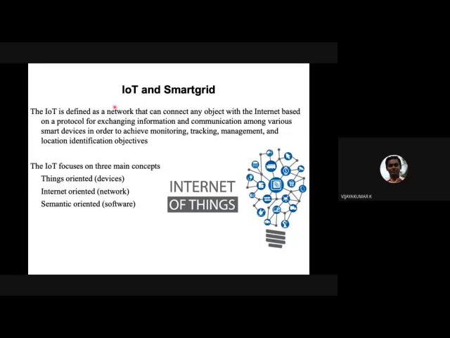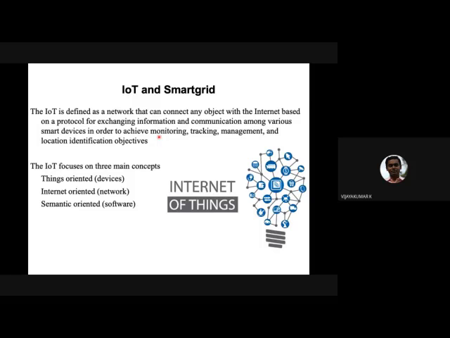It is a network that can connect any object with the internet based on a protocol for exchanging information. When we exchange information from one device to another, we can get a lot of information, and based on that information we can also take decisions. There is communication among the various devices for monitoring, meaning you can monitor and track every device in the system.